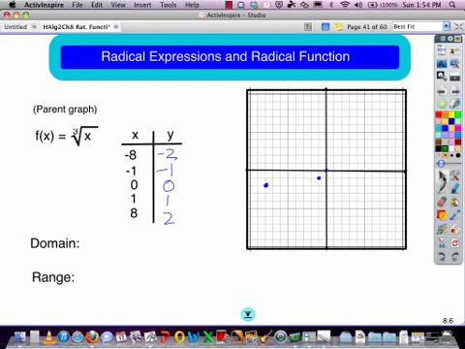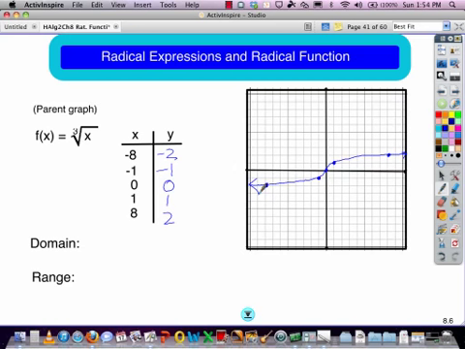And then we went to 8, 2. We can see we're getting a little S shape. It's fairly elongated though, in our work for our cube root graph.